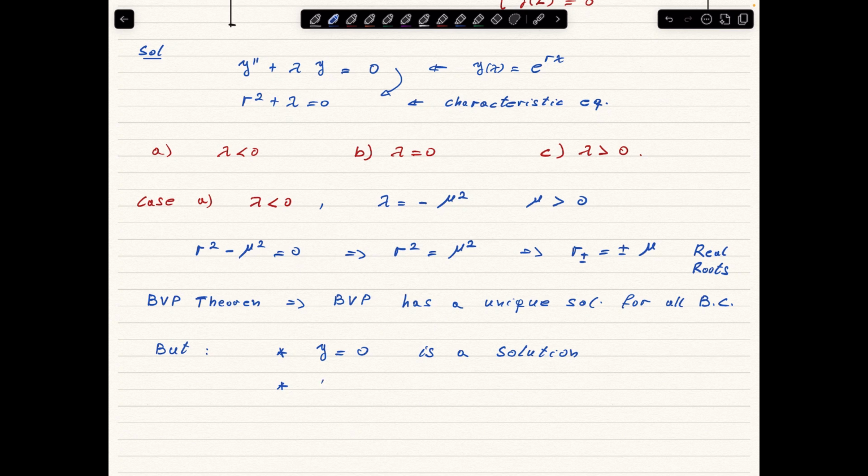So then y equals 0 is the only solution. But that concludes that there are no non-zero solutions, therefore there are no eigenfunctions.